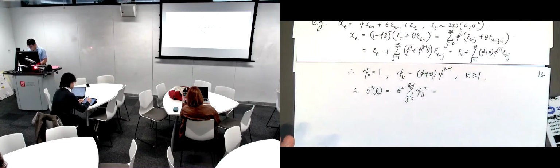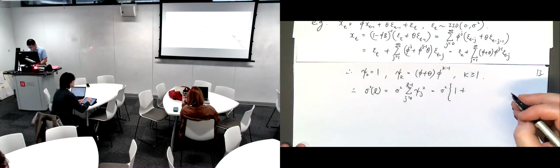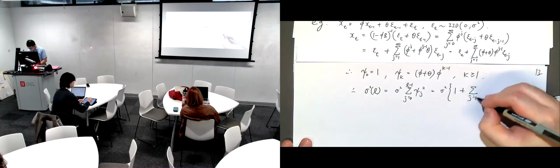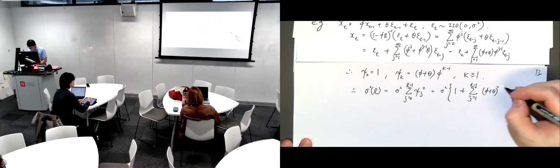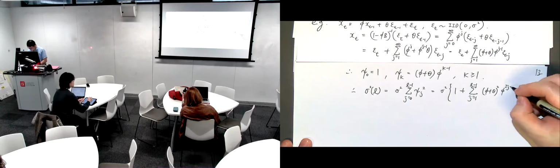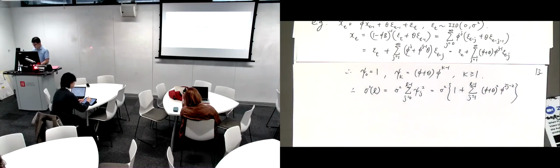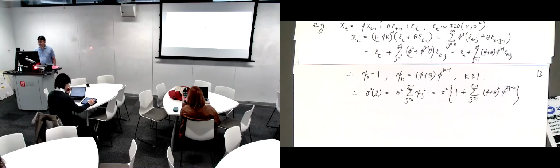When j is 0, that is 1, so sigma squared times (1 plus the sum of j from 1 to L minus 1 of psi_j squared), where psi_j is (phi plus theta) phi to the j minus 1, so squared it gives 2j minus 2. So you can simplify this and get the L-step prediction variance this way, okay? For this ARMA(1,1) model, I've shown you this calculation.